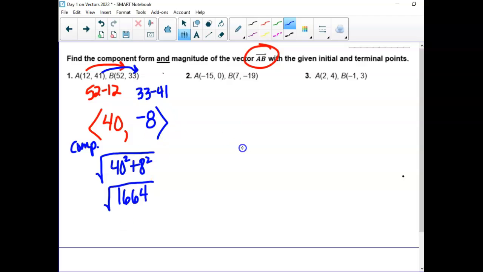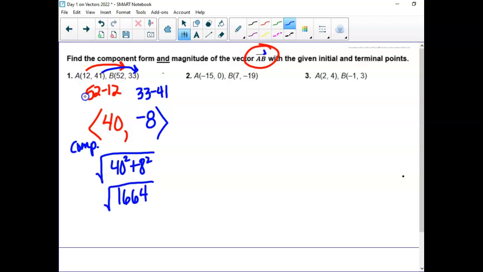Yes, that's a great question, because it says A to B. If we went from A to B, we were going to the right, so it needs to be positive. That means you subtract in the other order.